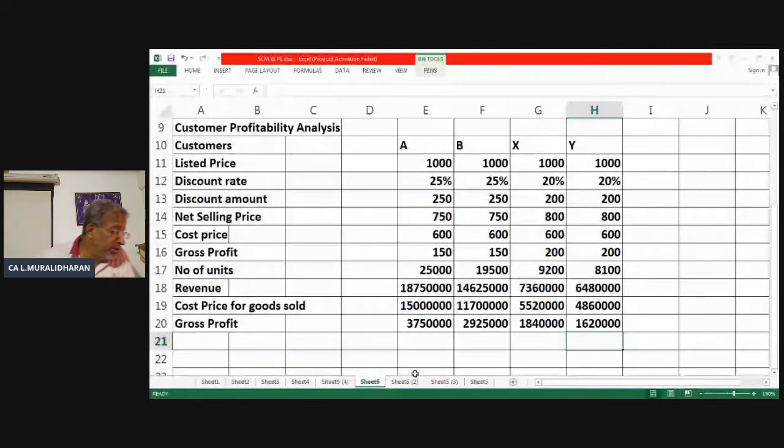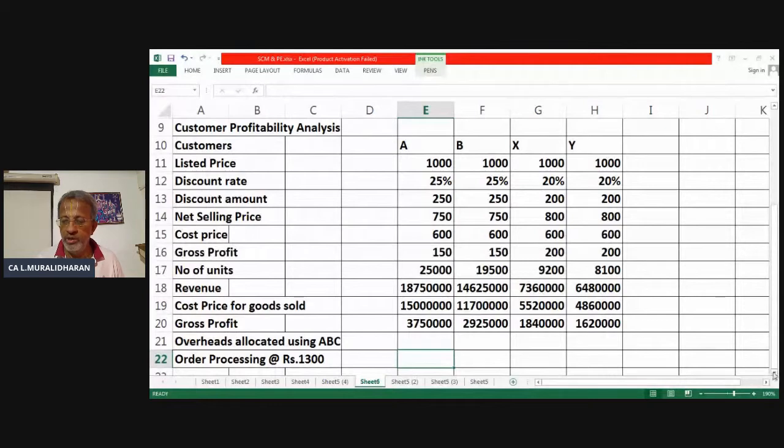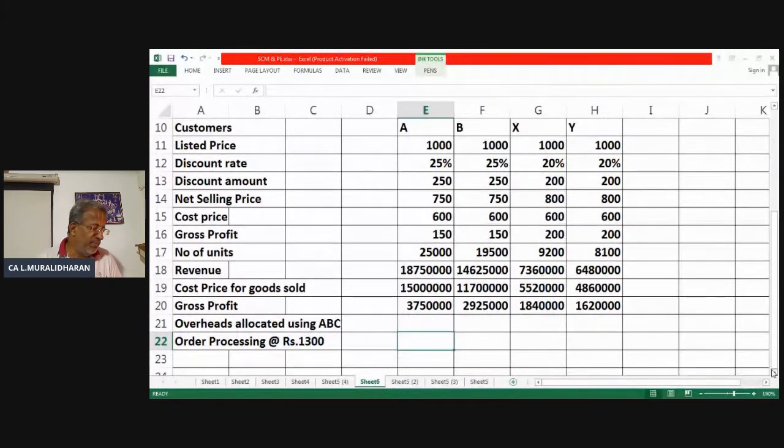Now we are expected to take up other costs through ABC. Overheads allocated using activity-based costing. That way, order processing at the rate of rupees 1300. So you can easily identify how many orders A had placed. 1300 multiplied by, look into that table, what they have given in the problem.